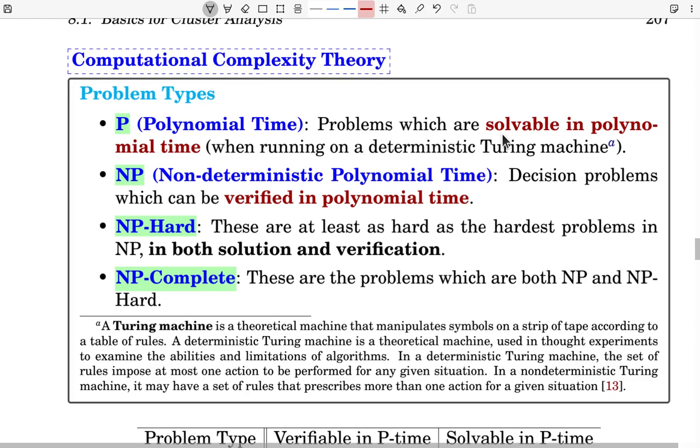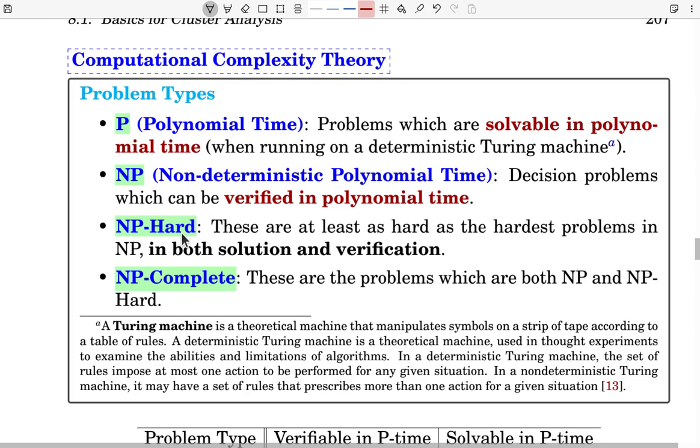So once solvable in polynomial time, then it's P-type. Now NP is non-deterministic polynomial time. NP-type problems are decision problems which can be verified, so they're verifiable in polynomial time. That is NP-type.